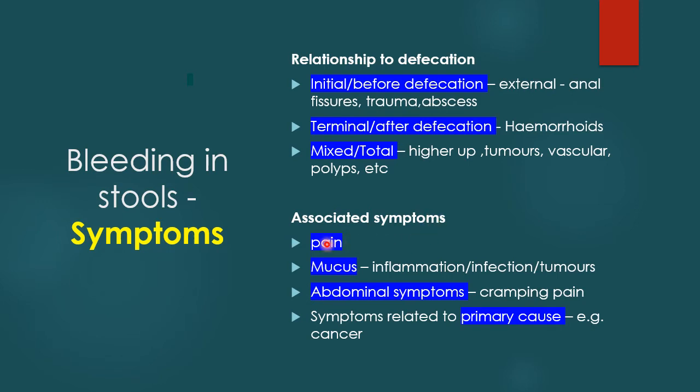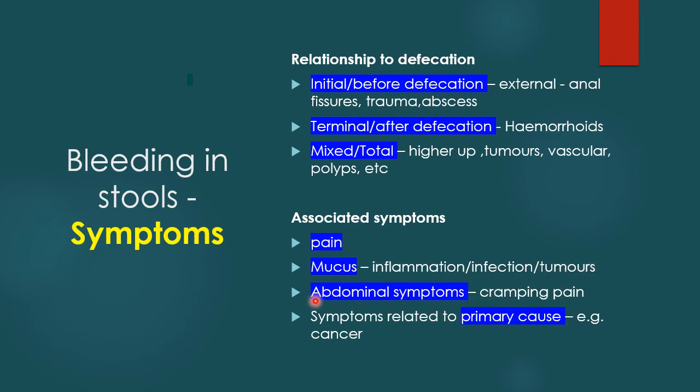Sometimes there is pain with the passage of blood, and this is usually due to anal fissures. The stools and the blood can be mixed with mucus, which is commonly seen in inflammatory lesions, infections, and some tumors as well.